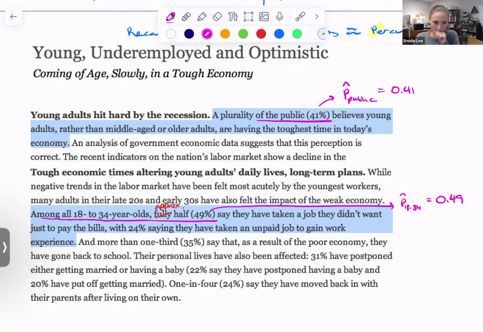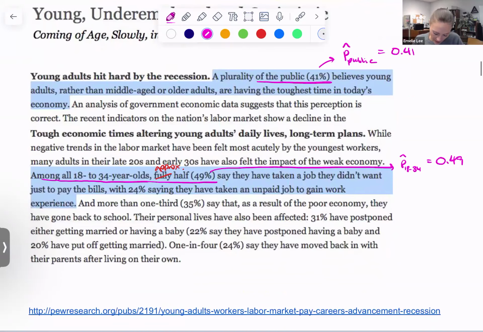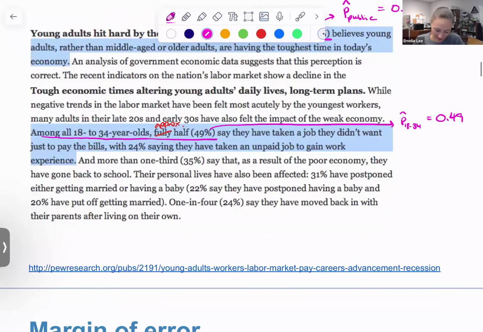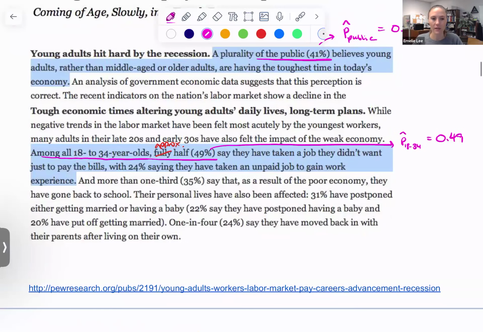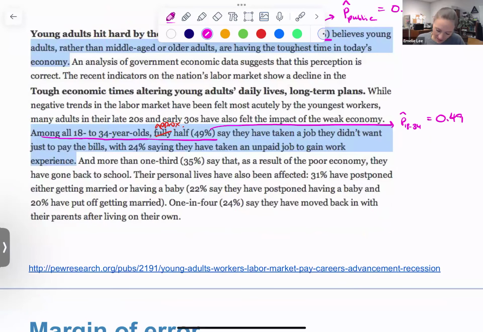So let's see here. And then I'm going to skip the rest because it's just more proportions, but we're going to focus on these two. Yeah. And so now we've got our point estimates, right?